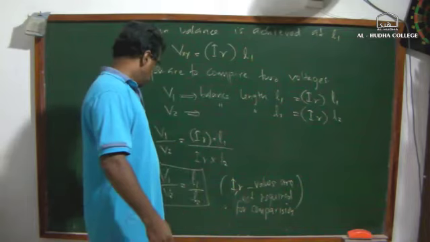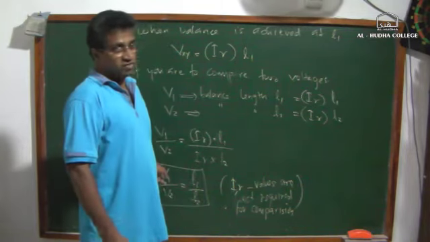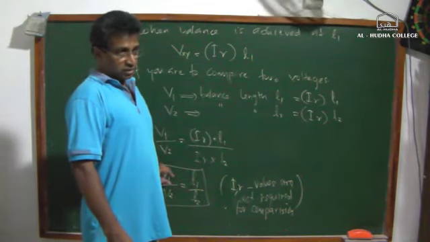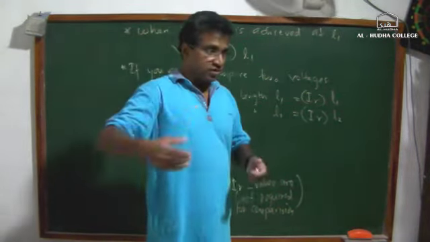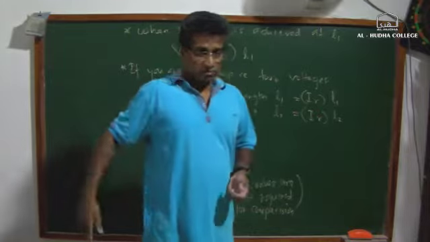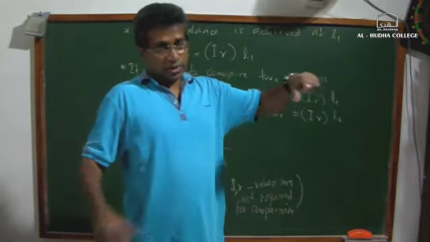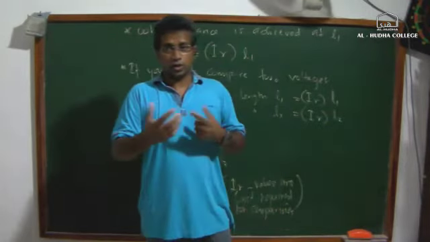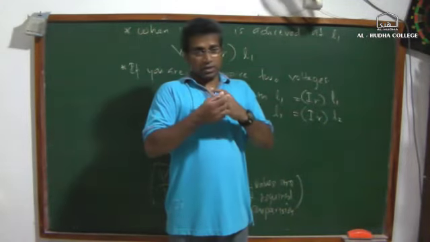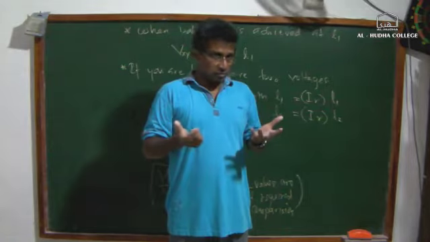So if you know V2, you can find V1, but it may not be accurate. But when you draw a graph, you take multiple measurements, and the errors are minimized. With a single measurement, if an error is present, you won't be able to notice it.